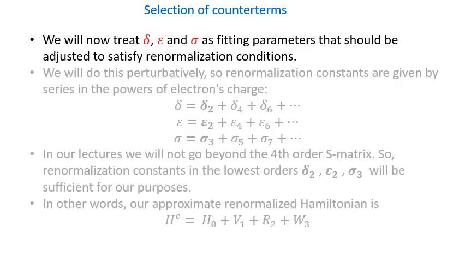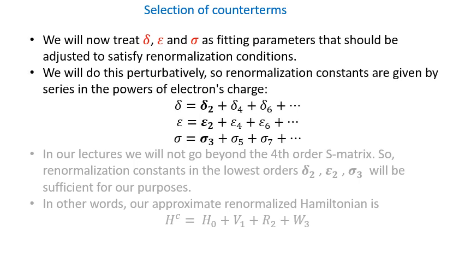The next step is to fit our three parameters to make sure that mass and charge renormalization conditions are satisfied. We will work within perturbation theory, so renormalization constants will be expressed as series in powers of the electron charge.